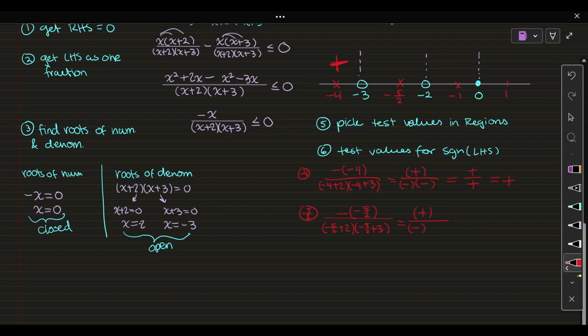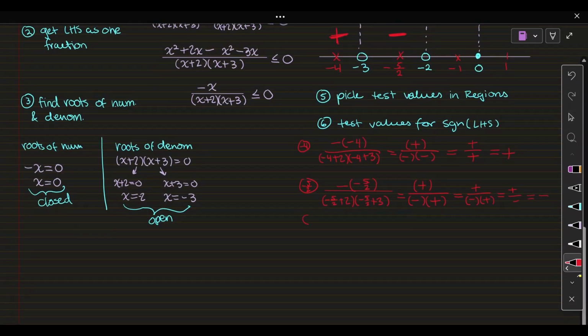So this is going to give me a negative. 2 minus 5 halves is going to be negative. Now, we know that 3 is larger than 5 halves, so it's subtracting from 3 something smaller than 3. This is going to give me a positive. So I have a positive over a negative times a positive, which is going to be a positive over a negative, which is going to be overall negative. So we are negative here.